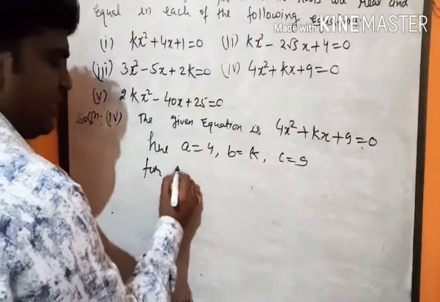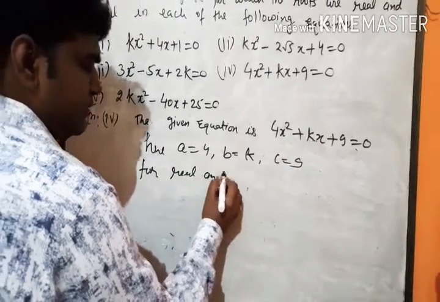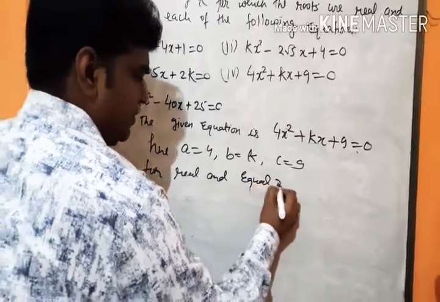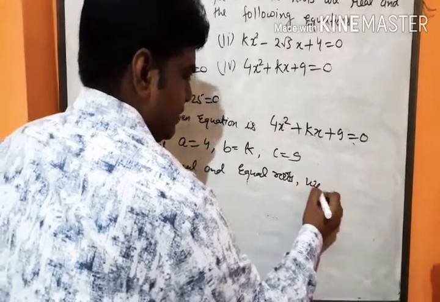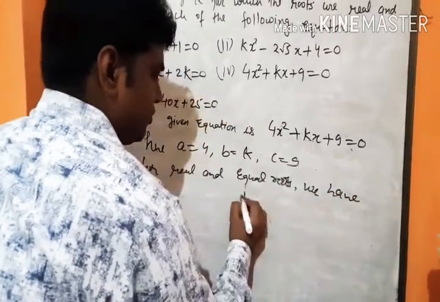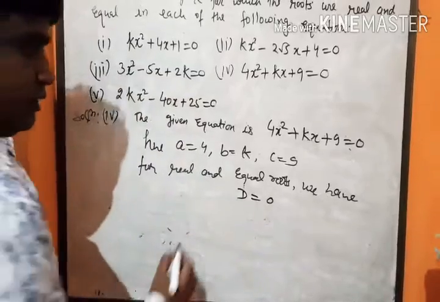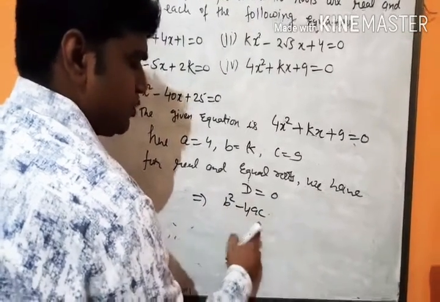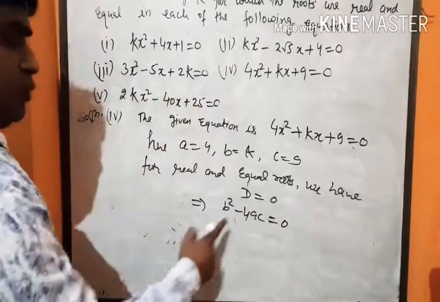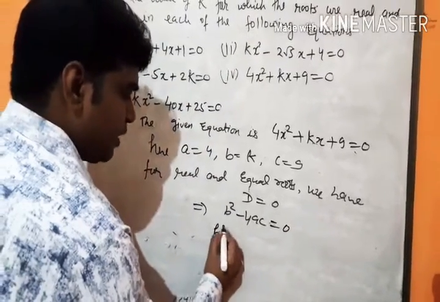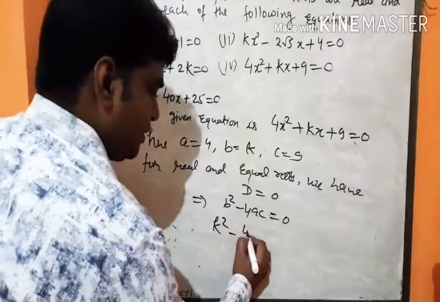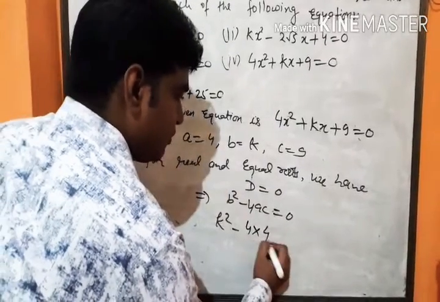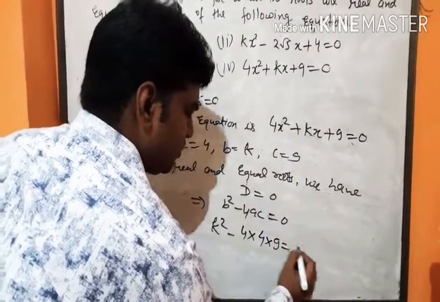Again, for real and equal roots we have D equal to 0, or b square minus 4ac equal to 0, because D is equal to b square minus 4ac. So putting in the values of a, b, c we have k square, because b is equal to k, minus 4 into a, which is 4, and c is 9, equal to 0.